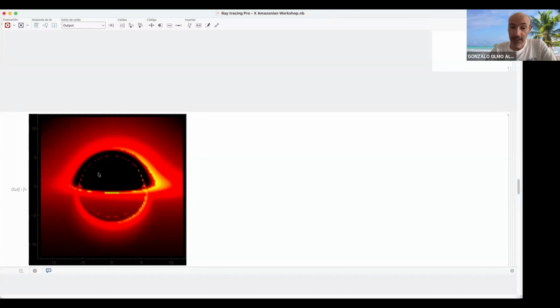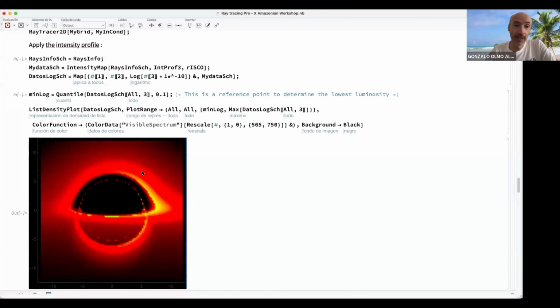Okay, and actually we don't really need so many pixels on this part. So we could remove pixels from here that do not contribute to the intensity to speed up the calculation and increase the number of pixels over here.